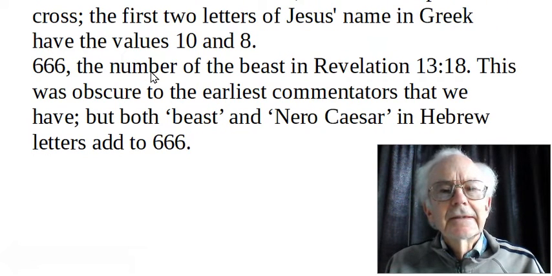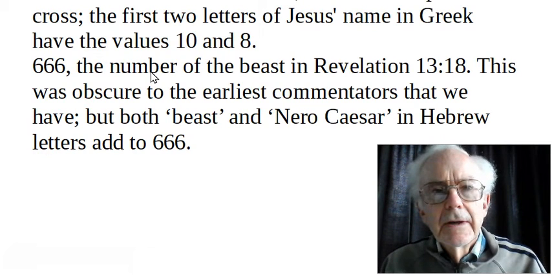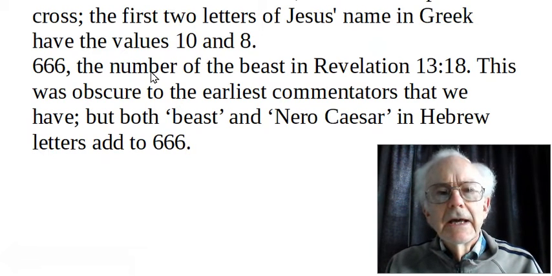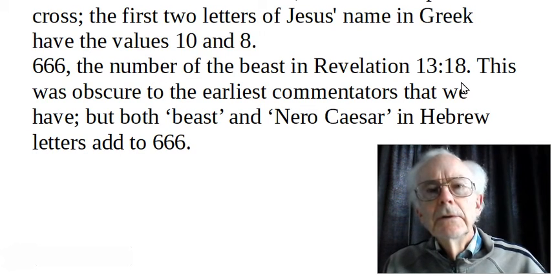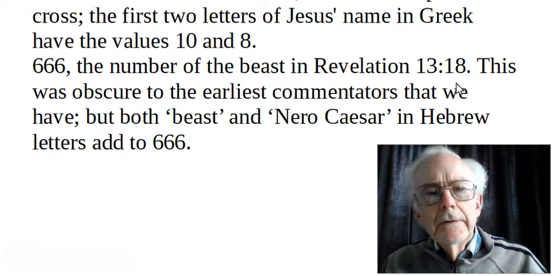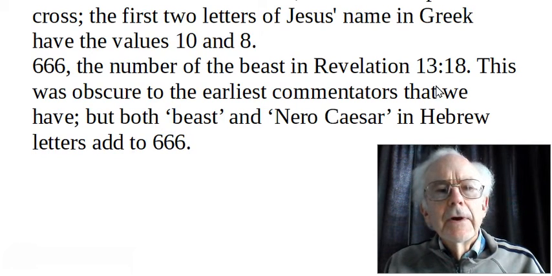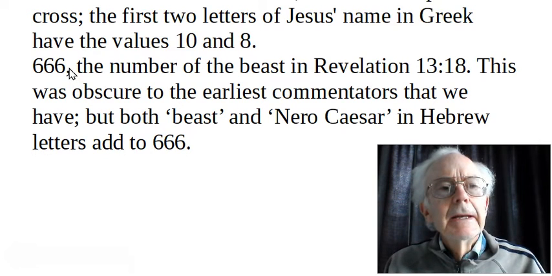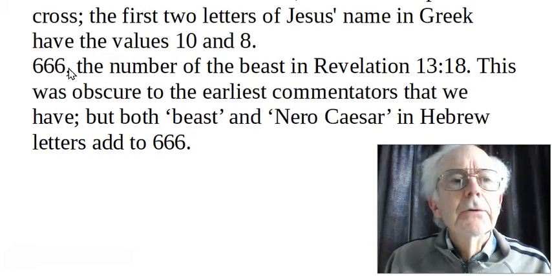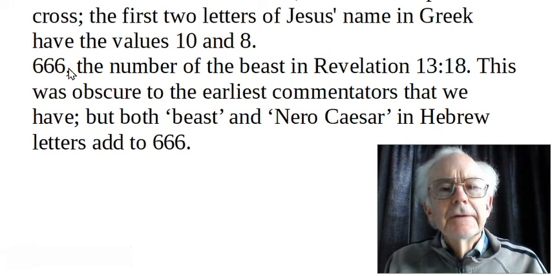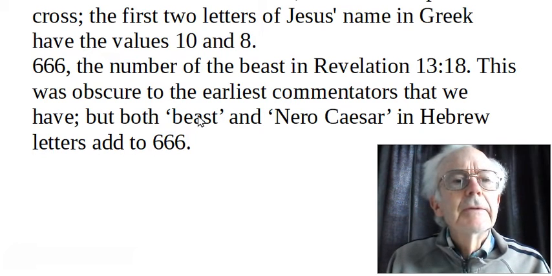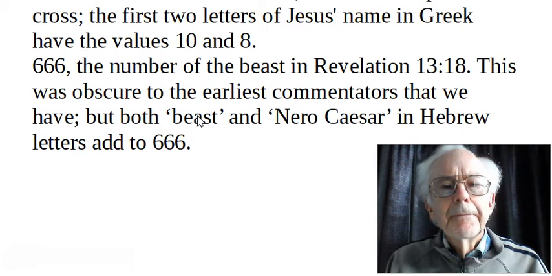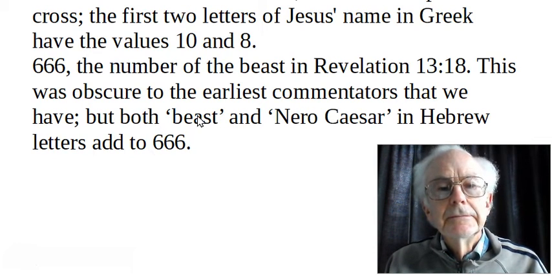So 666, the number of the beast in Revelation 13:18. In Revelation 13:18, it's written out in full in words, but if you write it in letters, with letters to stand for the numbers, 666 could be represented by the Hebrew word beast, or it could be represented by the Hebrew for Nero Caesar.